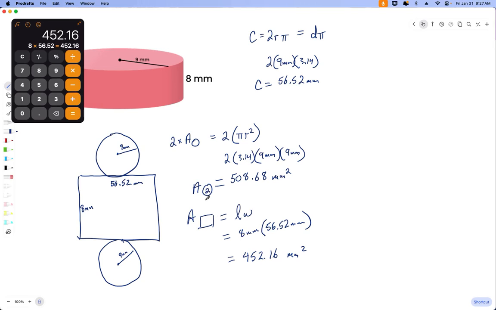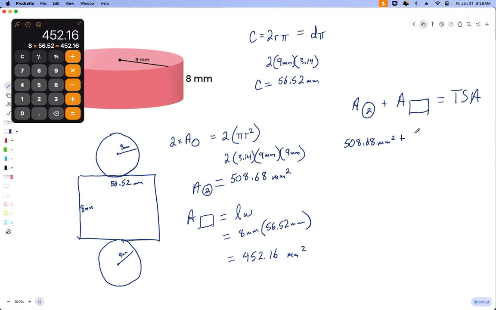Now we're going to add the area of the 2 circles plus the area of the rectangle, and that is going to give us our total surface area. So the area of the 2 circles is 508.68 millimeters squared.